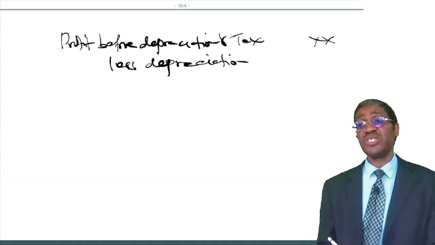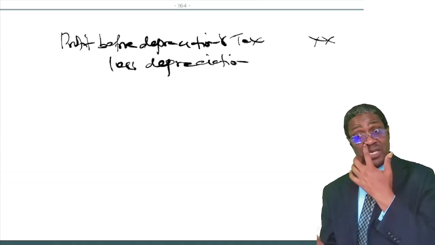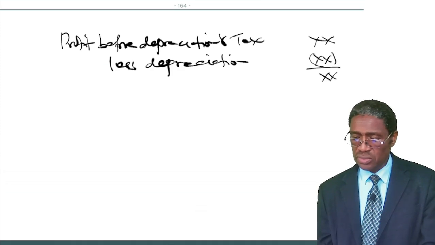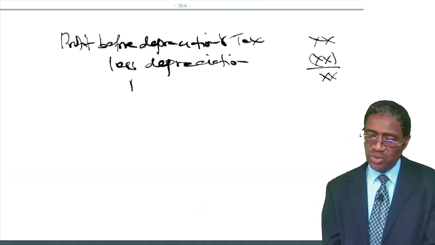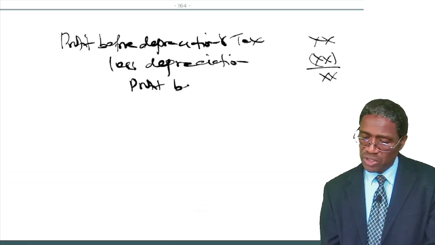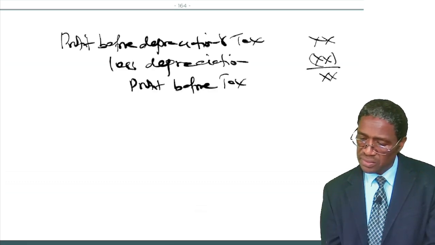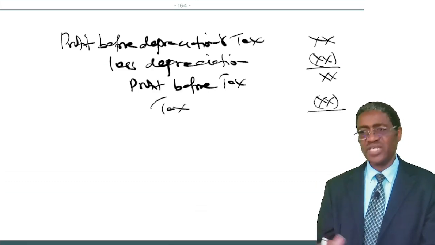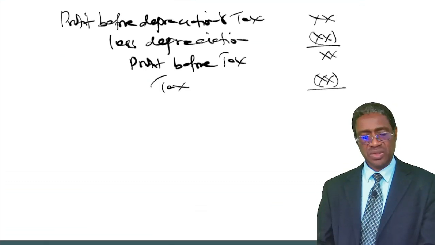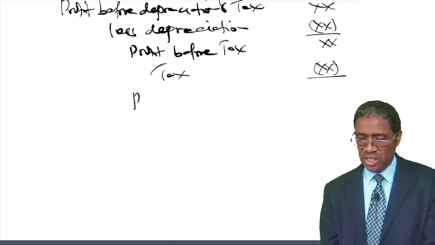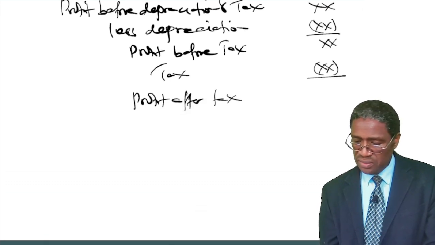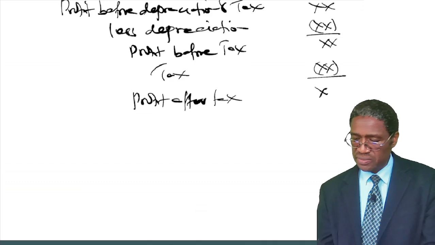Ideally, you are computing the true profit that the company made. You minus that depreciation. That will give you profit before tax. Then you less tax, whatever it is, say 30% of that amount. Then you get what we are calling profit after tax. That's a normal income statement.